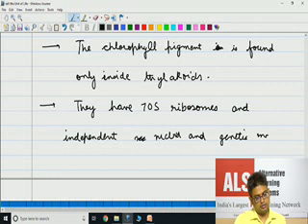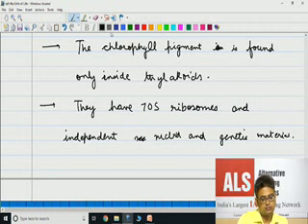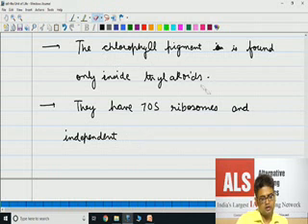Basically this is one and the same thing, so you can just write independent genetic material.